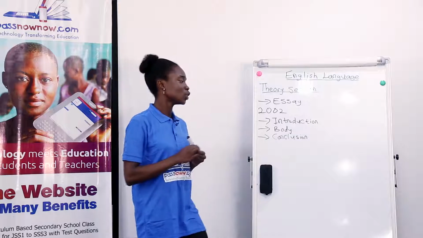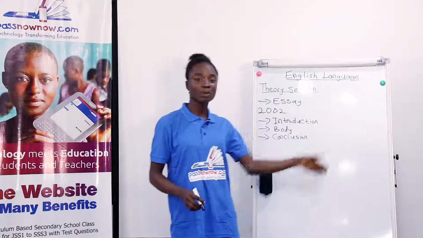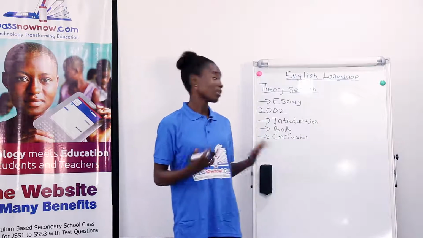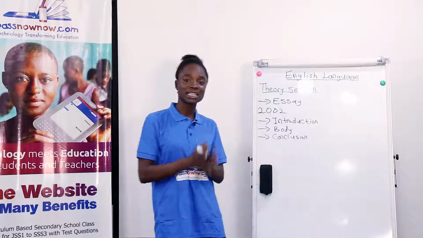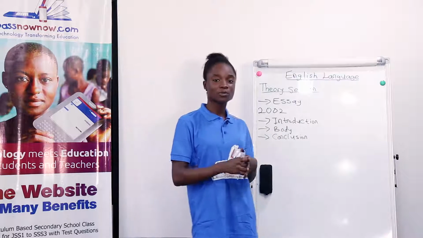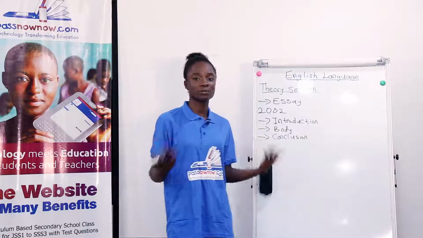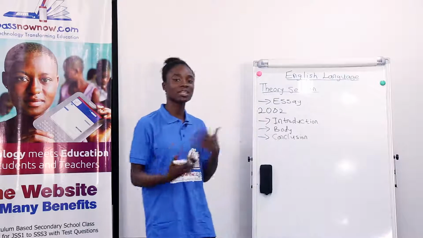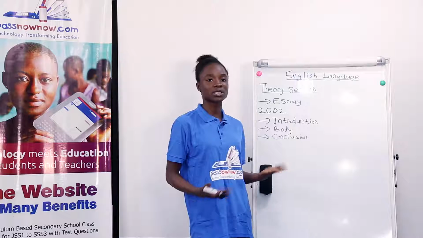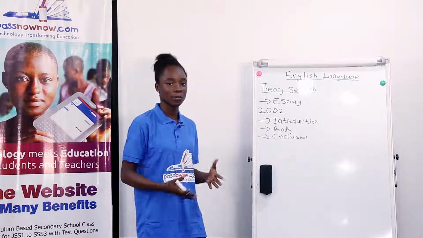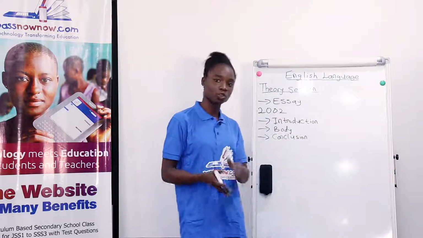Now, in the introductory part of this essay, you introduce yourself, you tell us your name, and then you tell us what you want to write about. In this situation, you want to state 3 factors responsible for the increase in road accidents in your area. So you give us that in the introduction.